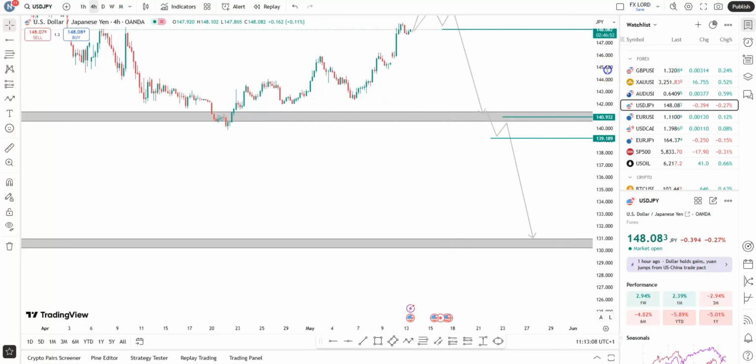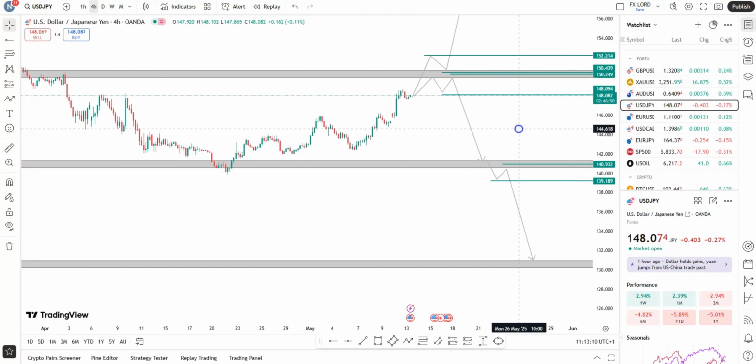So this is how easy support and resistance is. There's nothing complicated. Like I told you, support and resistance is one of the most simple trading concepts out there. I believe because it's simple, that's why most traders don't pay attention to it.